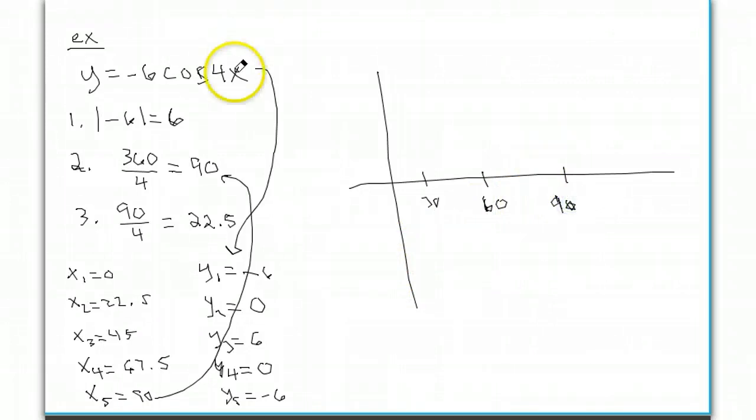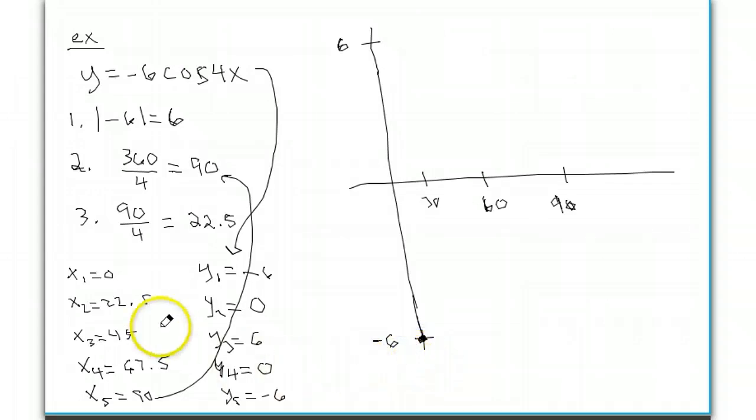Amplitude tells you that the graph is going to go all the way up to 6, and it tells you that the graph is going to go all the way down to -6. So if we look at our points, our first point is 0, -6. So that point is all the way here on the y-axis. That's the first point.